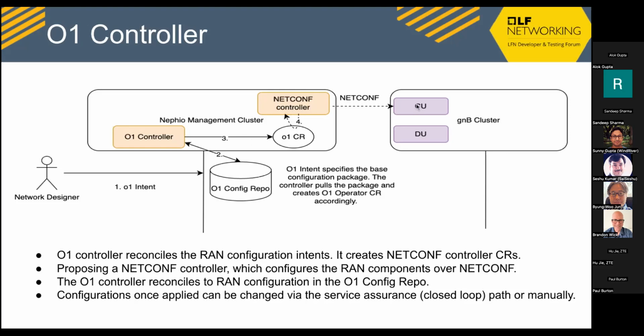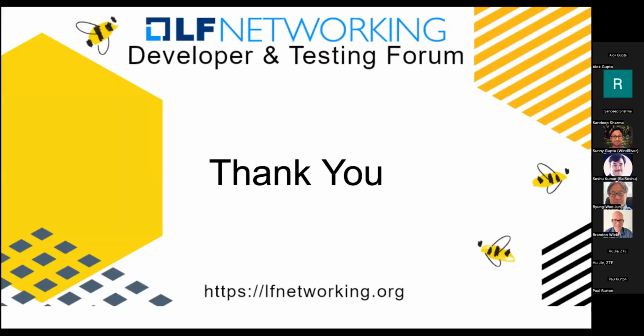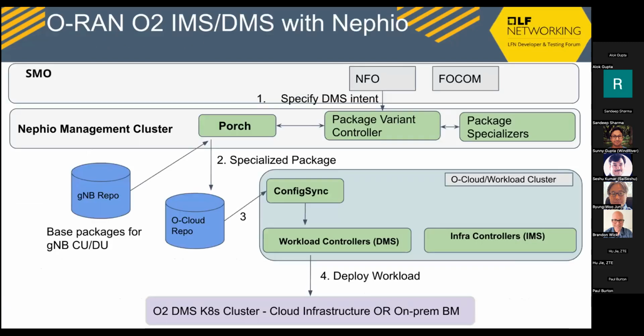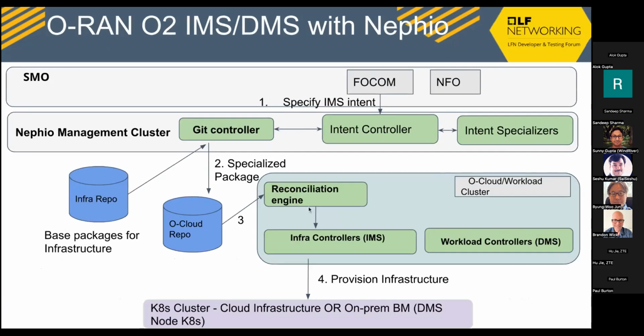Since the standardized interface for configuration is NETCONF, that's how configuration can happen, at day 0 and day N, all via Kubernetes controllers. Not much on this slide. That's all I had. It was basically this slide, the Nephio way of achieving IMS and DMS.